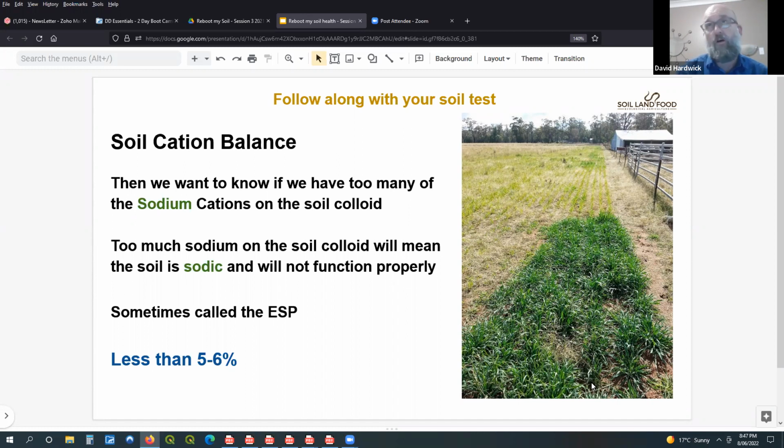You could have fertilized it more, you could have added water, it still wouldn't grow, because the sodium is disrupting soil function. It's what we call a sodic soil. You can do whatever you like to it, and it's not going to grow better, except in the corner, which had the same rate of oat seed and the same rate of fertilizer. It was DAP at 80 kilos, I think.